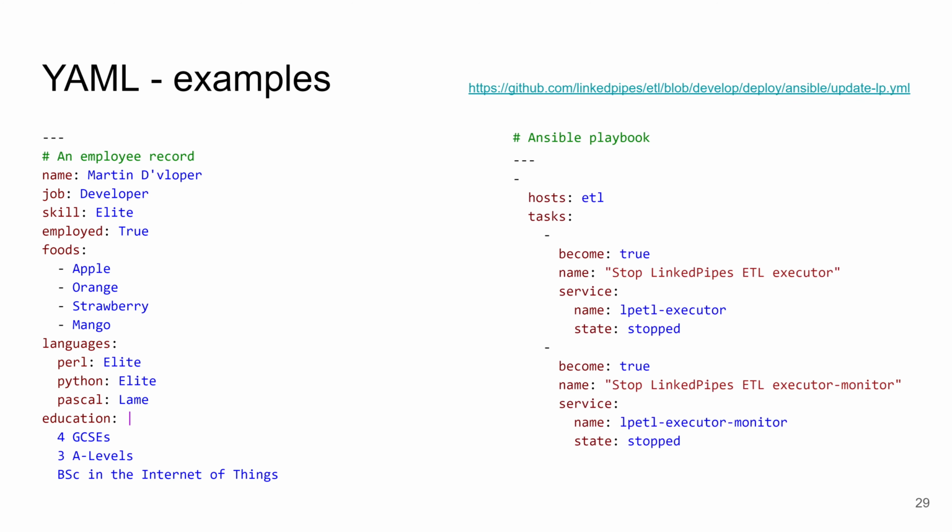This is what's called an Ansible playbook, and basically it describes which tasks are to be executed at which servers, and there are some configuration parameters to each task. So this is a real-world YAML example. And again, we can see an array and a map being used.